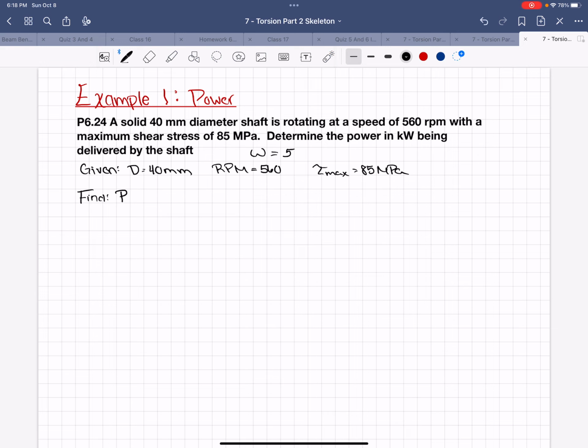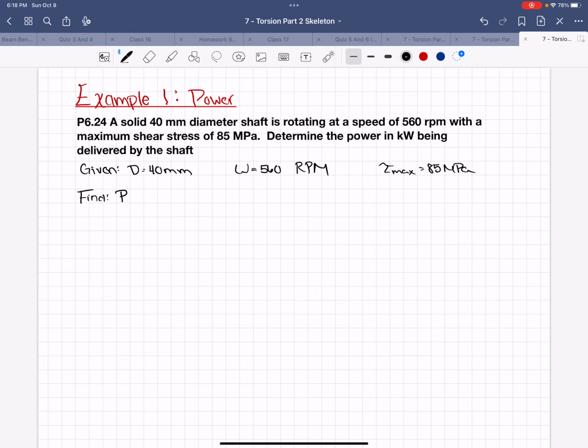omega equals 560 RPMs. In our equation, we can write RPMs as N. Omega equals 560 RPMs.